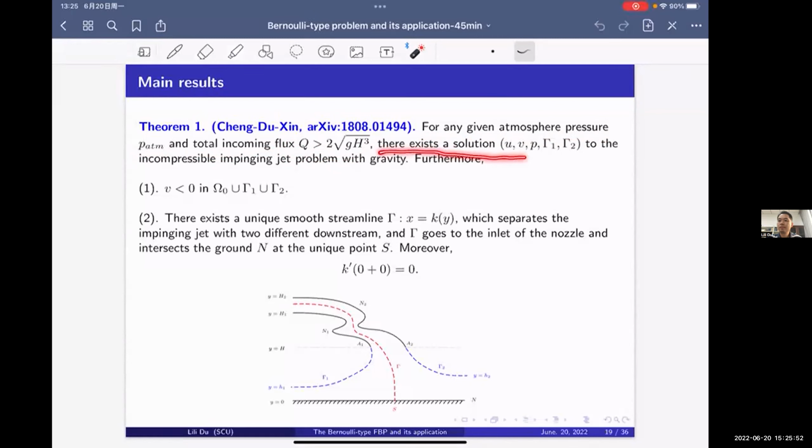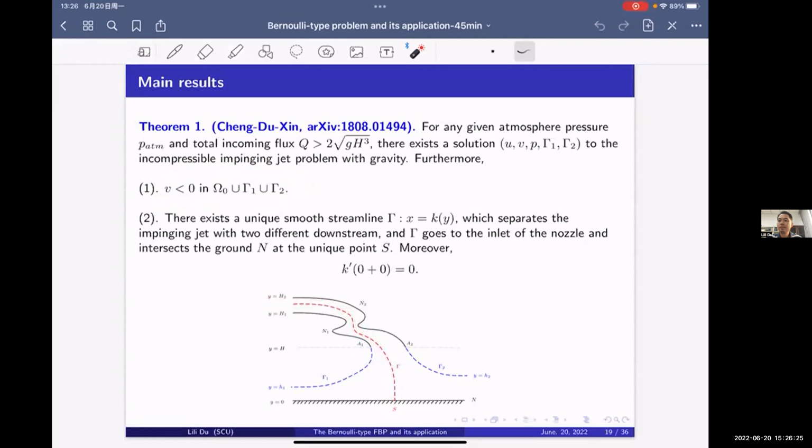There is a solution (u, v, p, Γ1, Γ2) to the incompressible impinging jet problem with gravity. Moreover, we can show the vertical velocity is negative in the fluid field, and there is a unique smooth streamline Γ, the red line, which separates the impinging jet into two different downstreams.